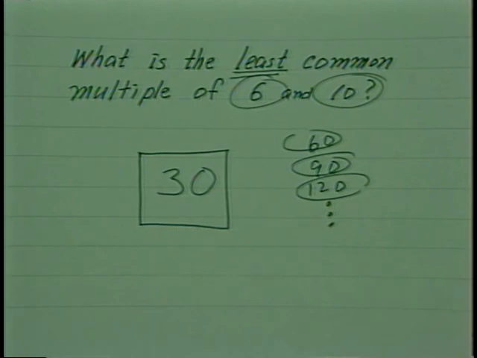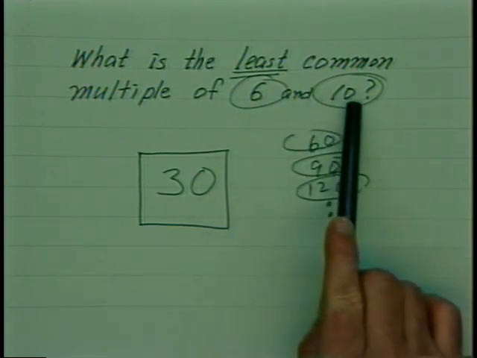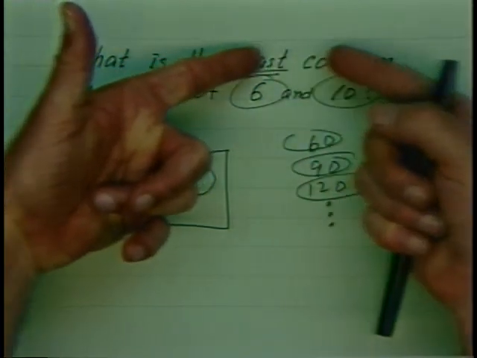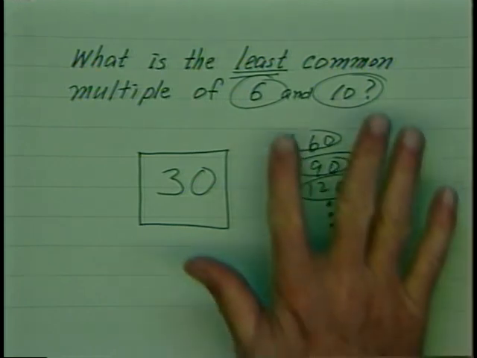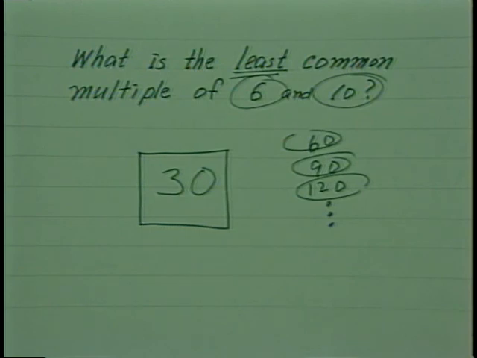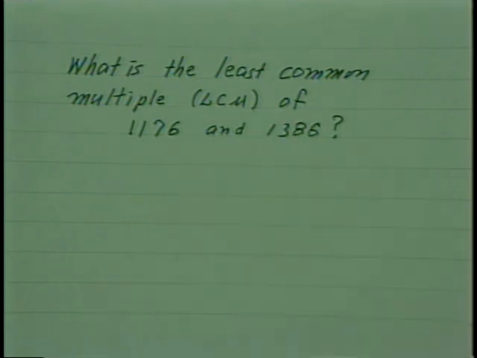Most of the numbers you've worked with in the past are such that you can simply inspect the numbers and simply know the least common multiple without doing anything. Just look, know, write it down, or use it. However, here the answer to the question is not so obvious.